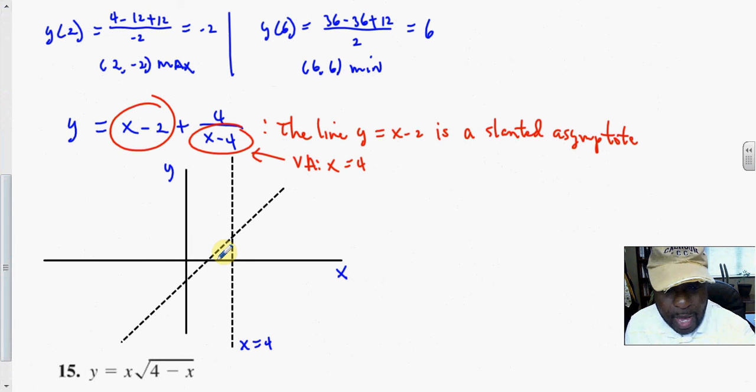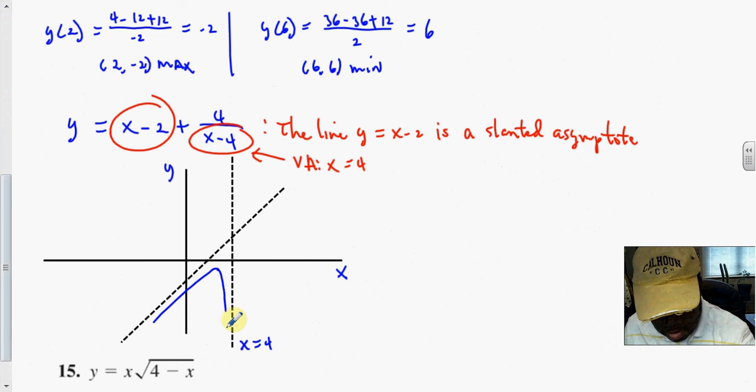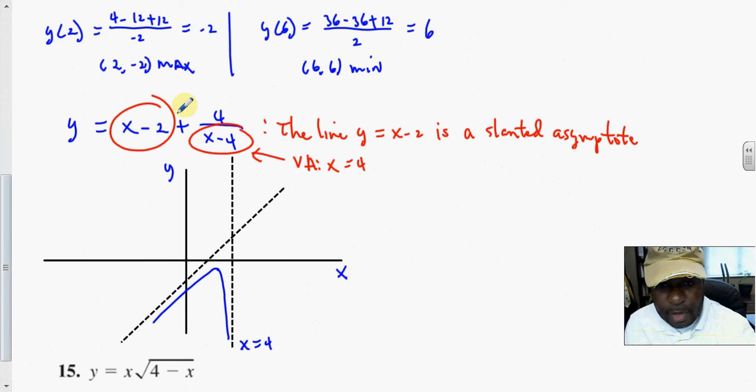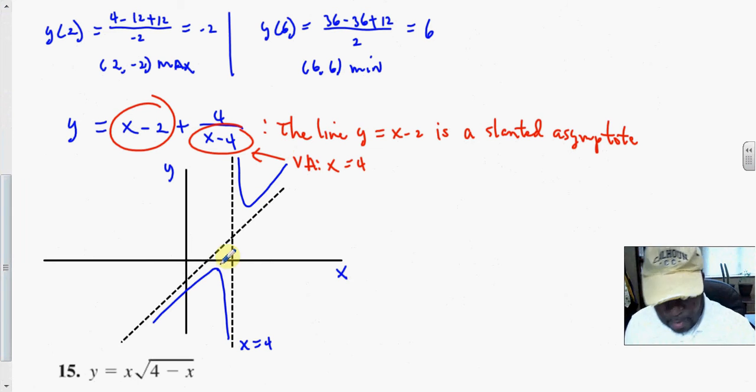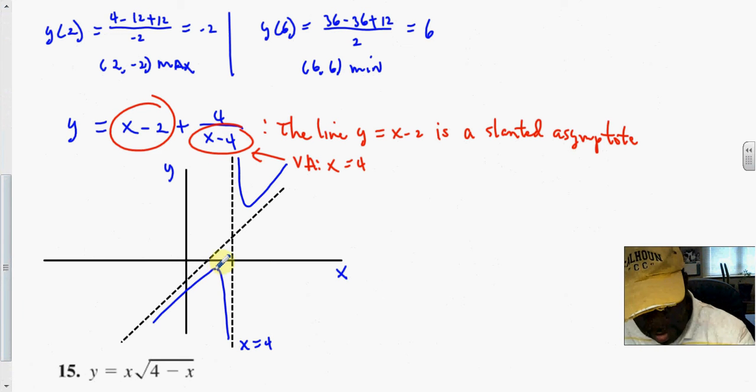So I have a maximum in here. It's negative 2, so it's going to be down there. So this guy is doing this. Then I have a minimum at 6 comma 6, like that. It's the maximum, that's the minimum, right?